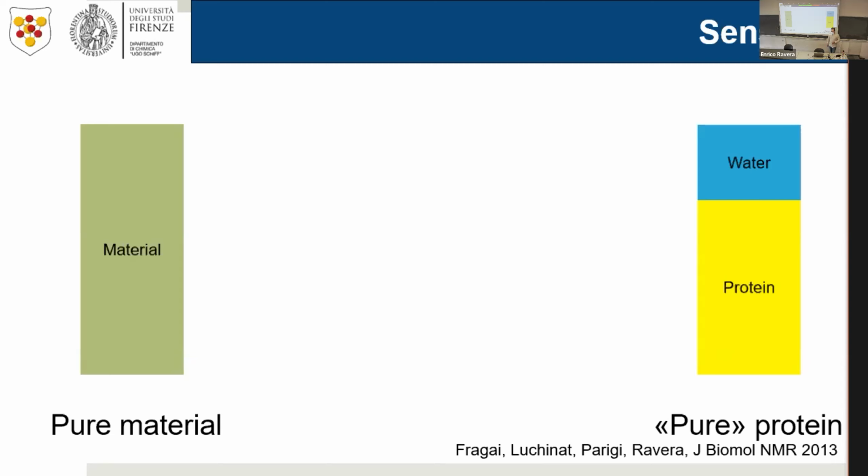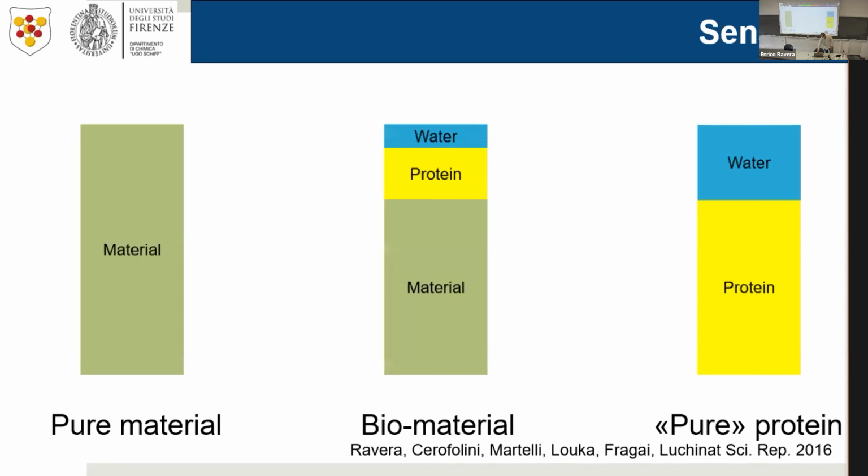You're happy when you're working with pure protein systems because besides a little bit of solvent that is needed to preserve the mobility of the protein, you have a lot of protein in your rotor, roughly 70 to 50%, so quite a lot. Now, if you work on composites, depending on the nature of the composite itself, you have a problem of sensitivity because the protein is few, the material is also reduced, so whatever you decide to look at, you're probably doomed in terms of sensitivity.